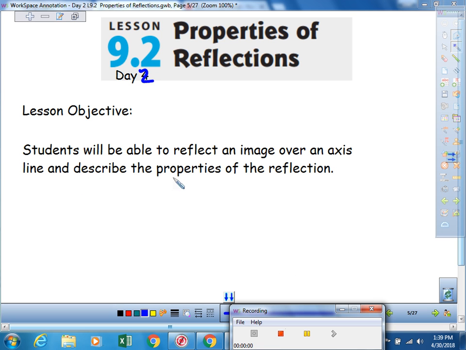So now we are going to reflect an image over an axis line and describe the properties of reflection.